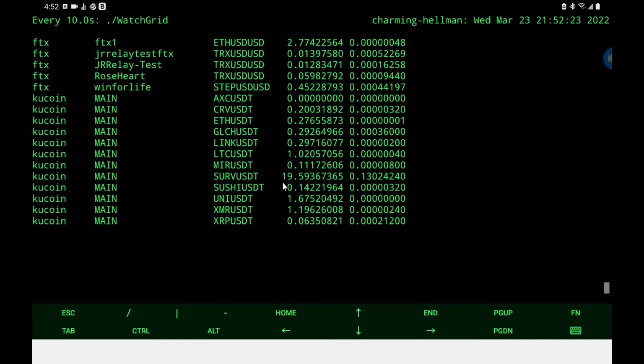In my case, I am roughly $180 underwater with Serve, but I've made $19, almost $20 of real money. So I'm really actually only $170 underwater. And as I continue to let this work, that value becomes less and less.